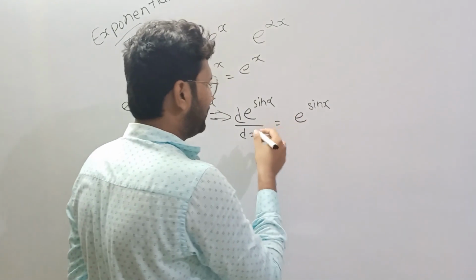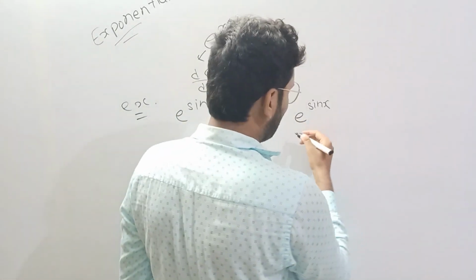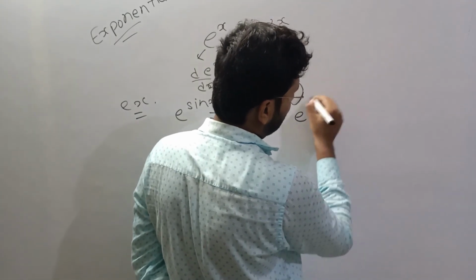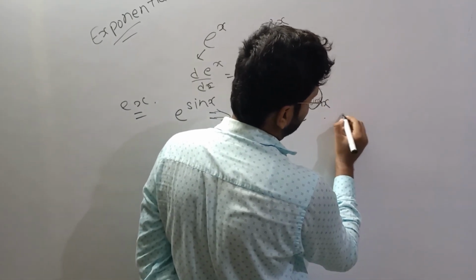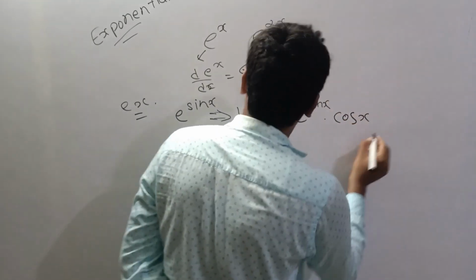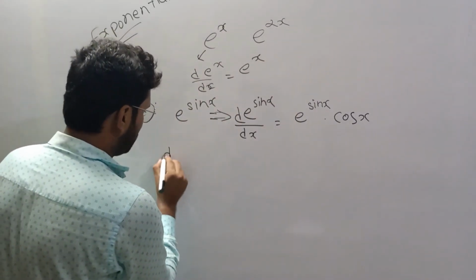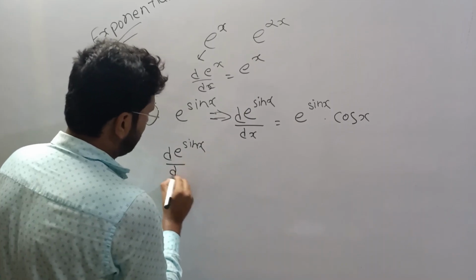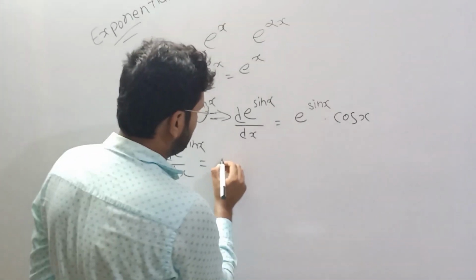So the derivative of e raised to sin x will be e raised to sin x into the derivative of sin x, which is cos x. So the derivative of e raised to sin x with respect to x is e raised to sin x into cos x.